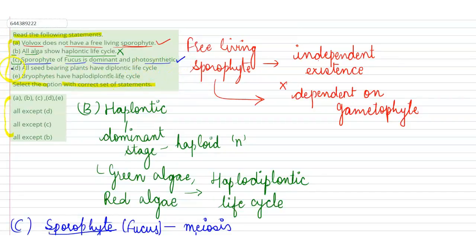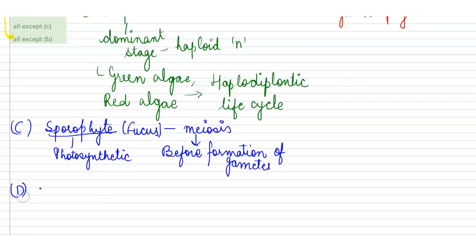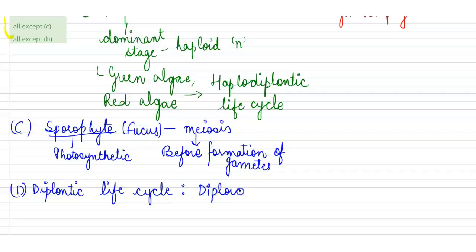So let us come to statement D. Statement D says that all seed-bearing plants have diplontic life cycle. In a diplontic life cycle, the free living phase of the plant is diploid in nature, that is, 2 sets of chromosomes, 2n, and it is dominant in the life history of the plant.